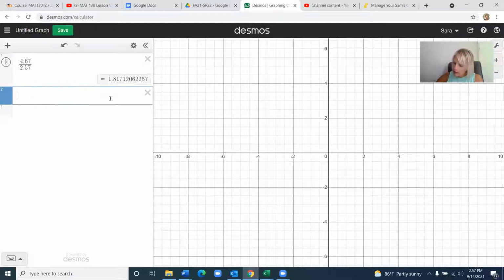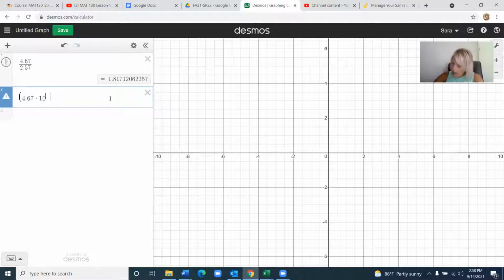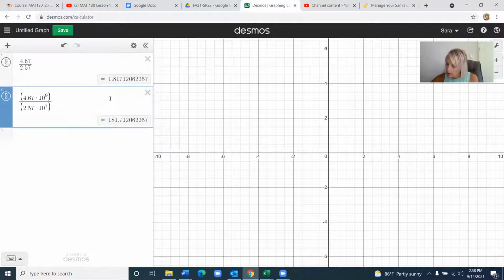So we could actually write this out in parentheses. We could say 4.67 times 10 to the 9 and divide that by 2.57 times 10 to the 7 and see that that is 1.8 times 10 squared, or about 182 times bigger, very large.